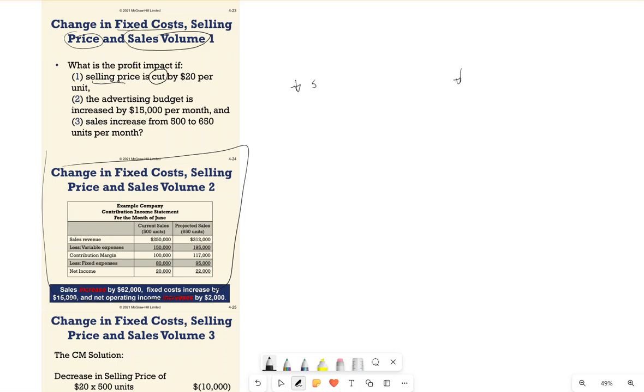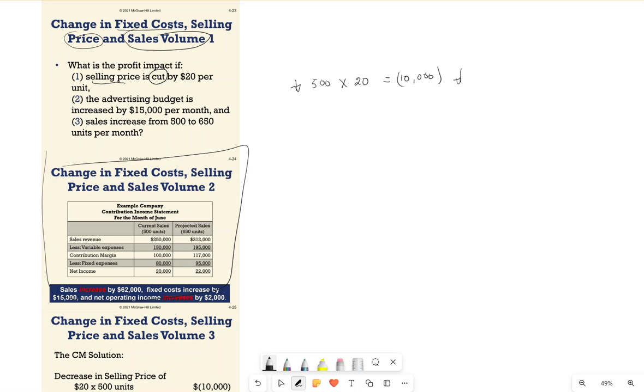How many units did we have? We have 500 units, which was our break even, and our cost is decreased by 20. So what happens if the price decreases? My operating income will also decrease by $10,000. Then going further, what happens?